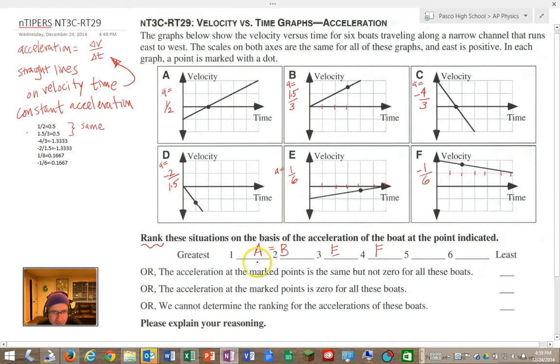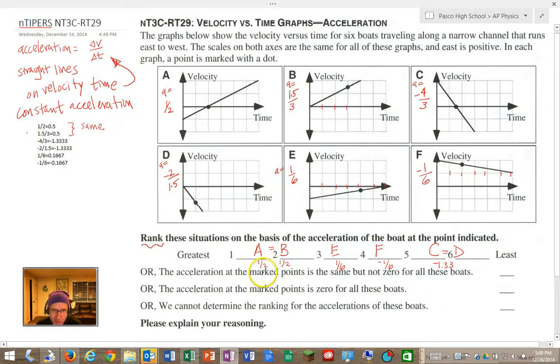So this is 1/2, 1/2. E was 1/6. F was minus 1/6. And then the two that are negative 1/3 are C and D. So C equals D at negative 1.33.